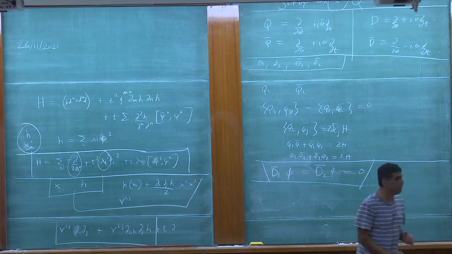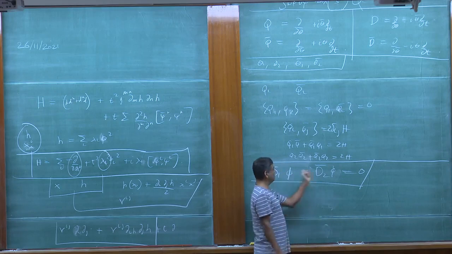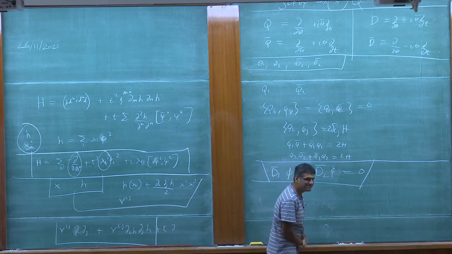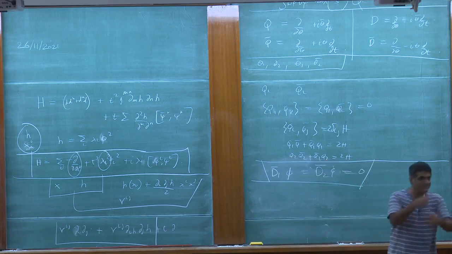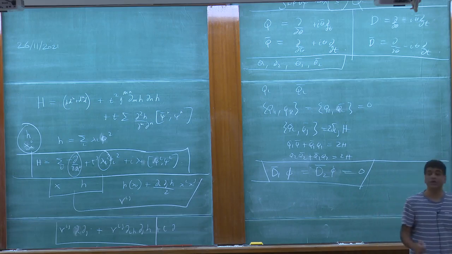In the next class, what we will do is expand on this. We will write down the most general superfield that obeys these conditions. We will understand the supersymmetry transformation properties of this superfield. We will understand that such a superfield is always a complex object.